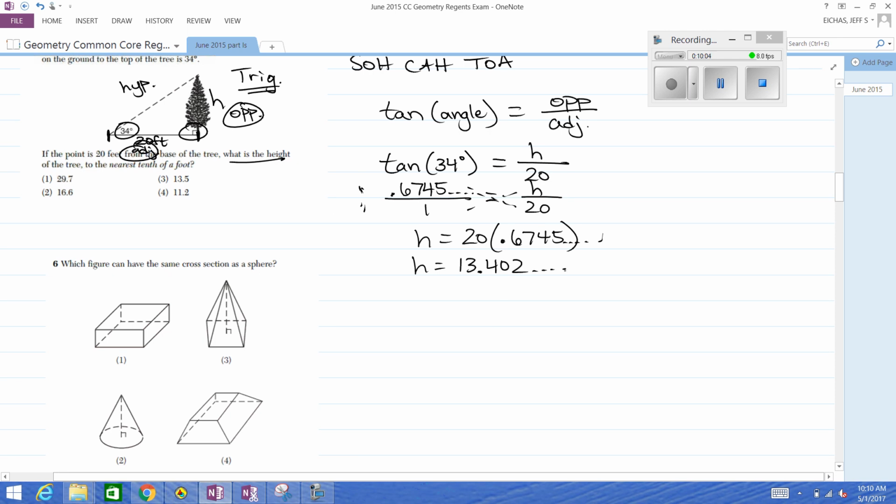13.4902 and so forth. If you get something different than 0.6745 out of your calculator, you might be in radian mode. So go ahead and make sure that you change your calculator over to degree mode. All right, so the nearest tenth of a foot, we've got to round that to 13.4 feet. Just check units of measure. Yes, it is feet right there.